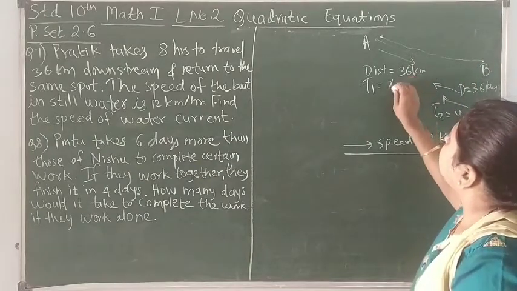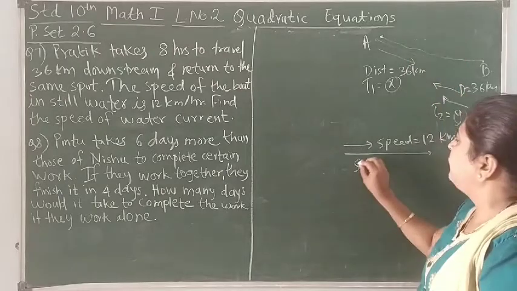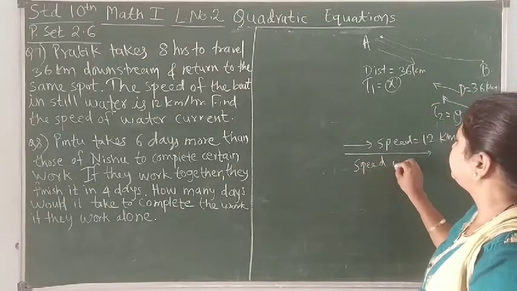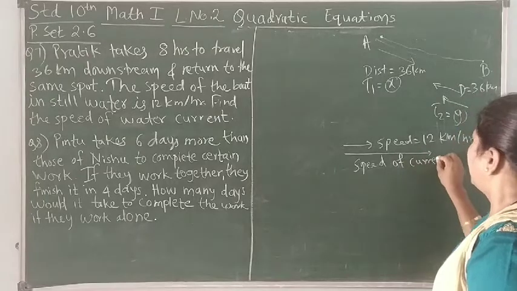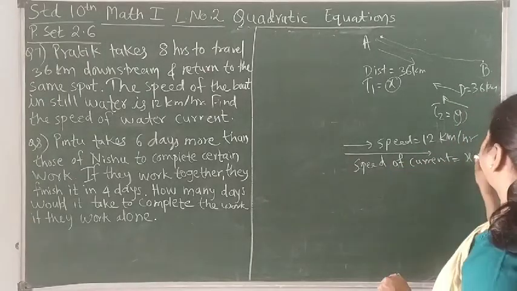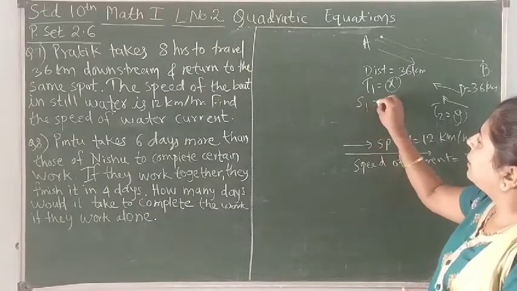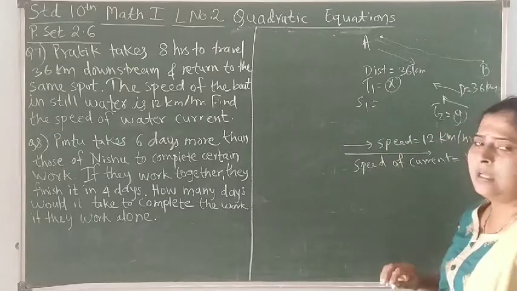So actually this should not be x and y. The speed of the current should be x. So if we take the speed of the current, we have to take it to be x, which we have to find, so x kilometers per hour. So what will be the speed when he is traveling downstream?